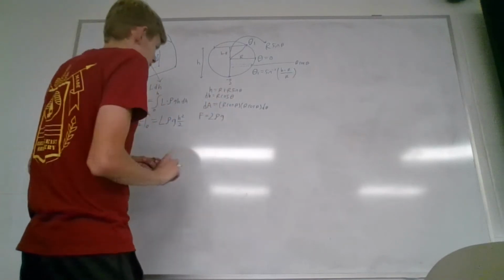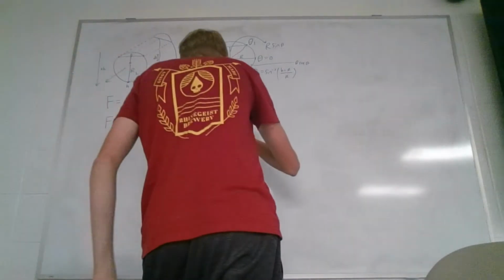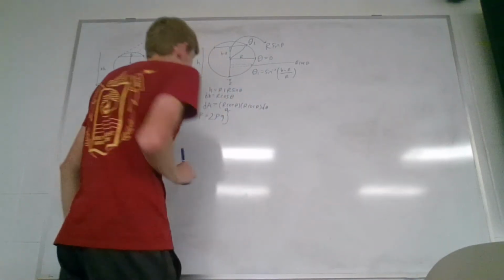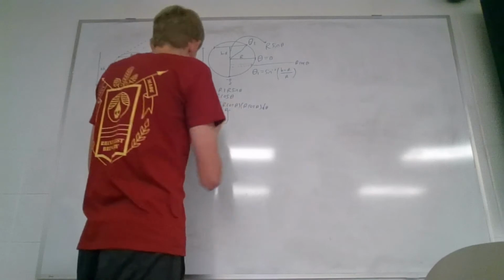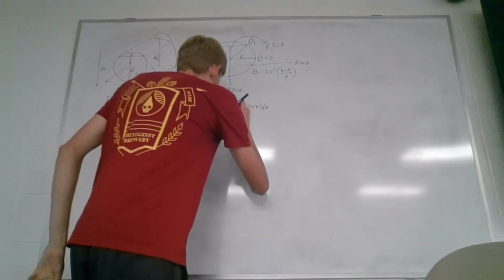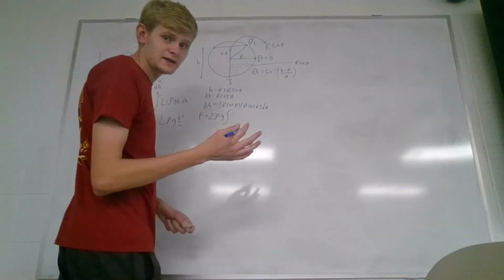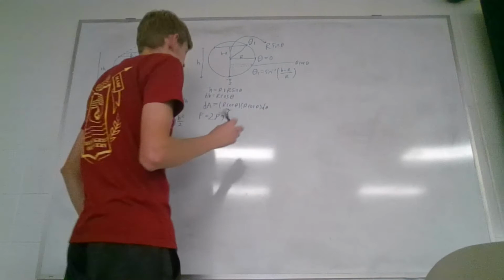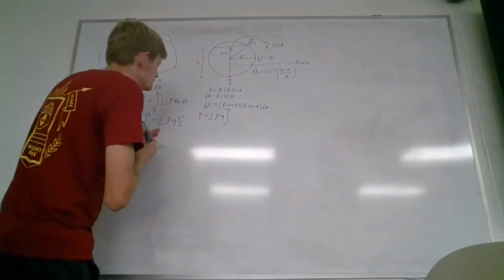So we multiply this whole thing by 2, and then we have our integral, which I said before. So we're going to start at theta 1 and end at pi over 2. Let me just erase this.